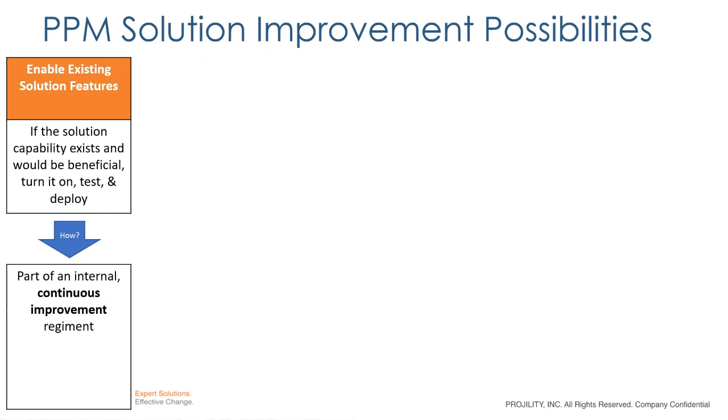And these could be anything from, hey, we need some additional custom fields, or maybe the custom fields that we had envisioned using during our implementation aren't really bringing us the value that we had expected, or maybe there's just a different way to do it. But the key here is this should be part of a continuous improvement regimen that goes on in perpetuity.